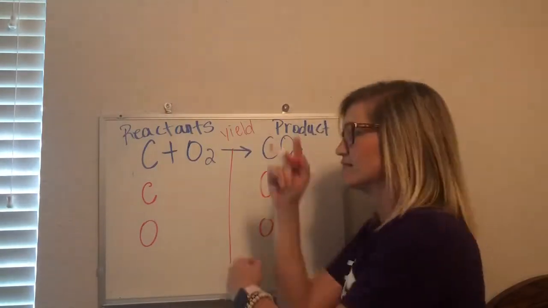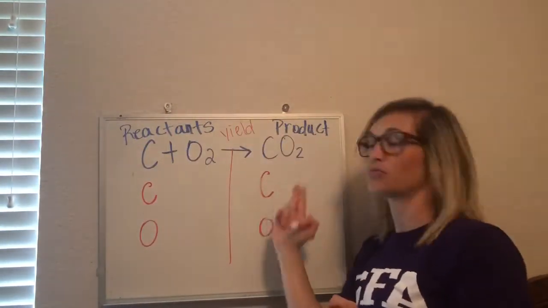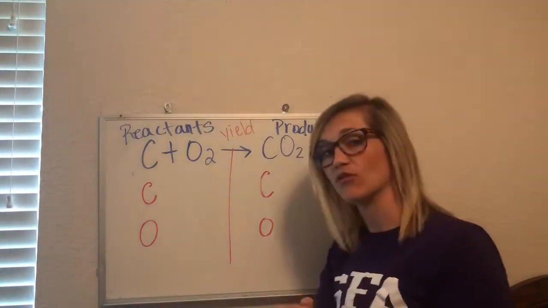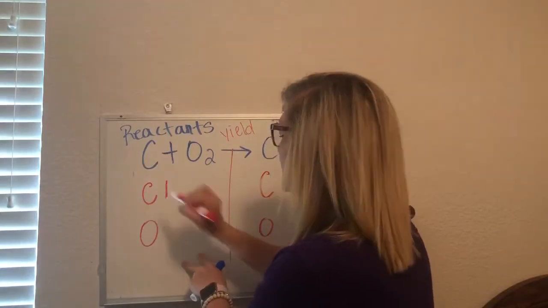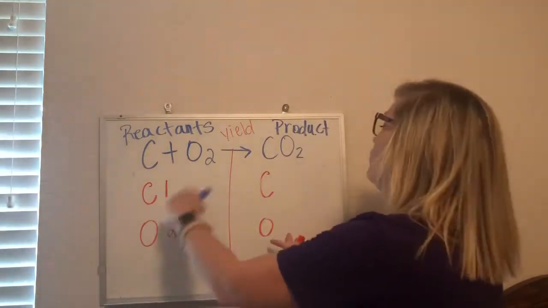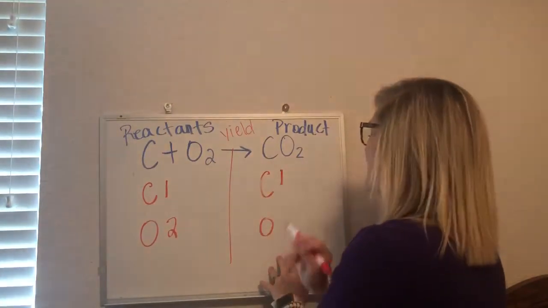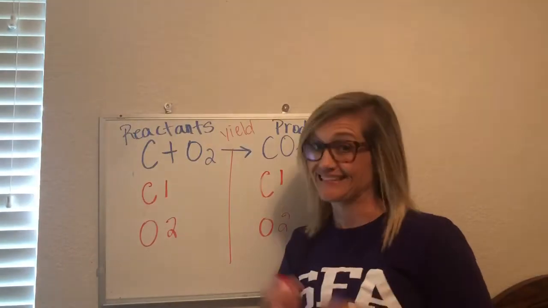And I like you to draw that line separating the reactants, your ingredients, from your product, okay? Now you're going to count the atoms per element. So there is one carbon atom, two oxygen atoms, one carbon atom, two oxygen atoms, and that's it, okay?